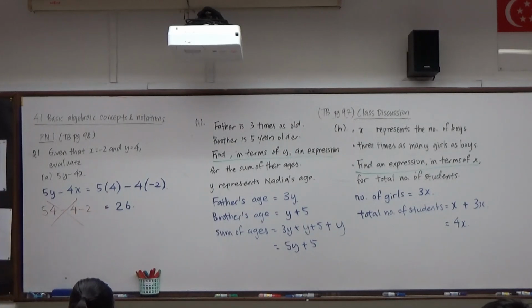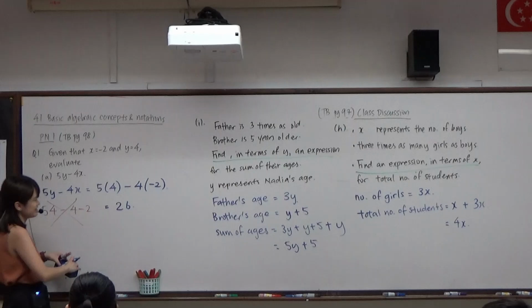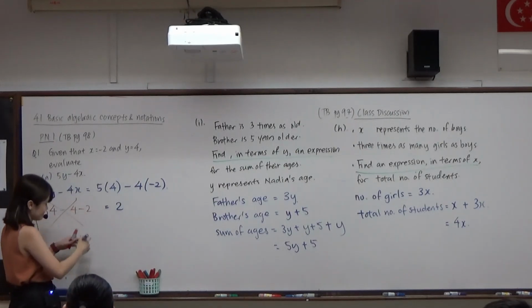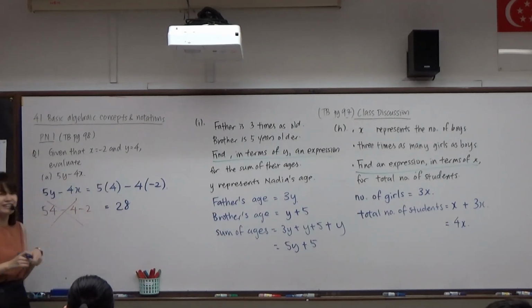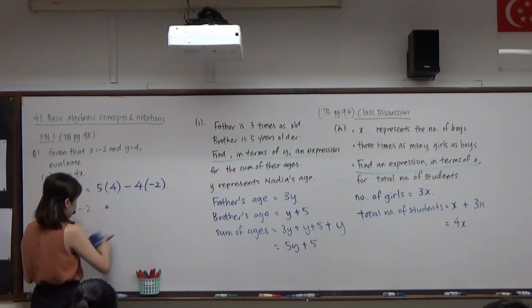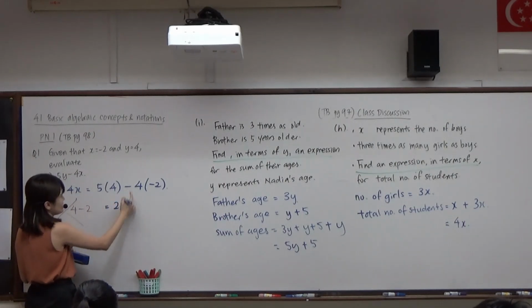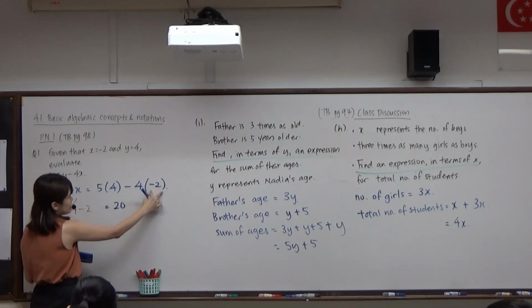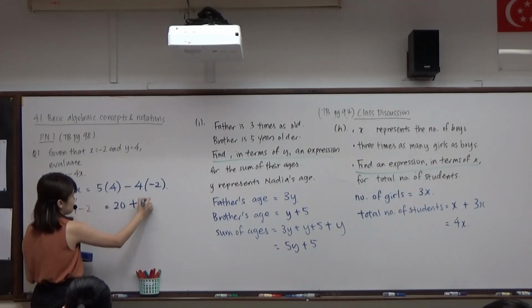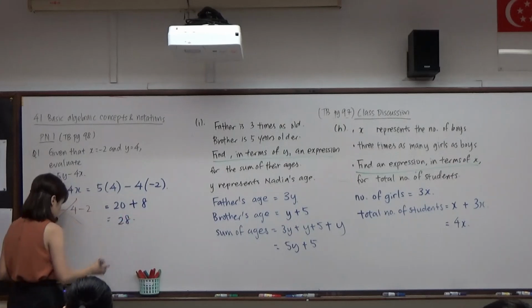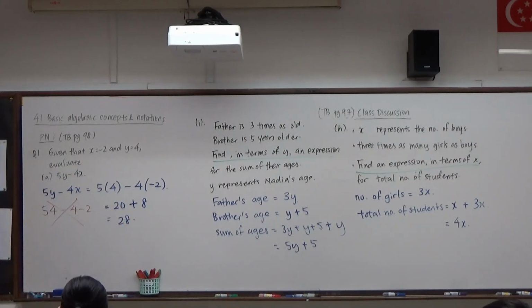Is it 26? It's 28, right? I got cheated. 28, right? So just use the calculator. But if you really want to calculate it mentally, 5 times 4 is 20. Minus 4 and -2 become a positive 8. So therefore we get 28.